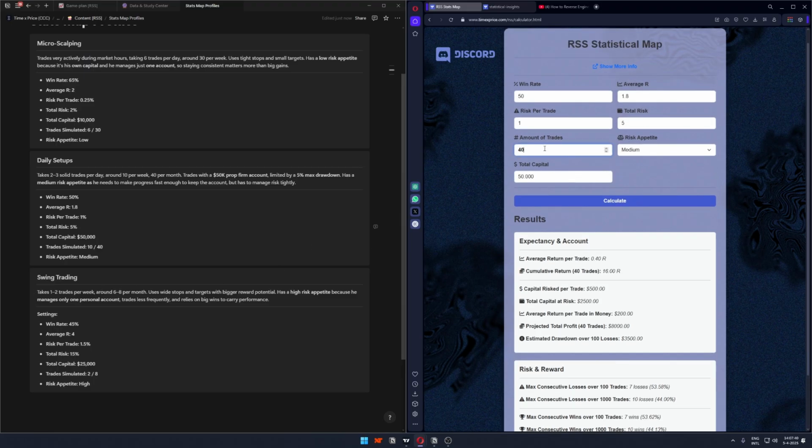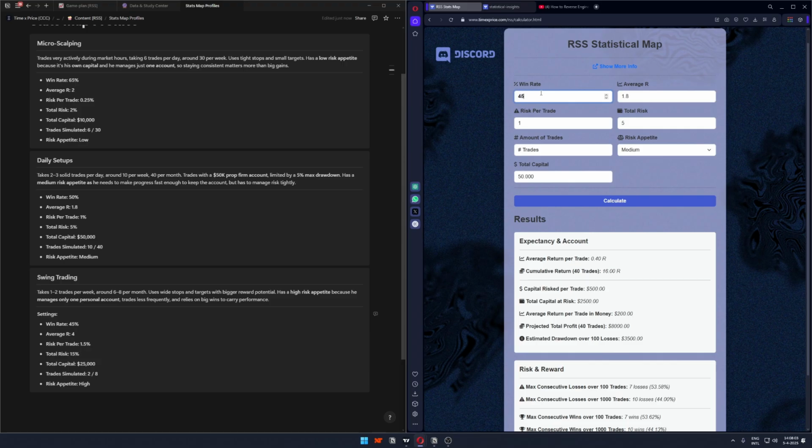So we'll head on to the last situation, the swing trader. He takes only 1 to 2 trades per week, around 6 to 8 per month, uses wide stops and targets with bigger reward potential, and has a high risk appetite because he manages only one personal account, trades less frequently and relies on a big win to carry performance.